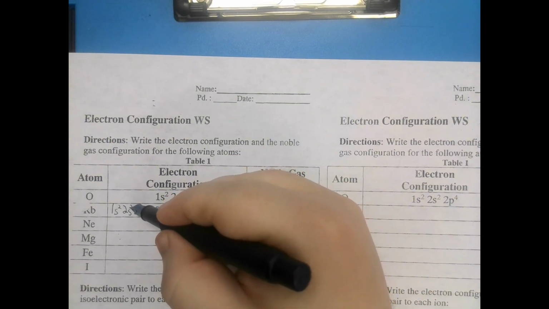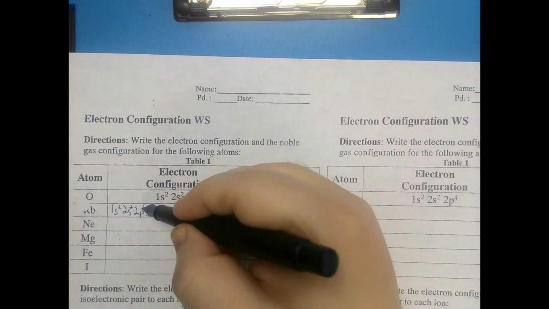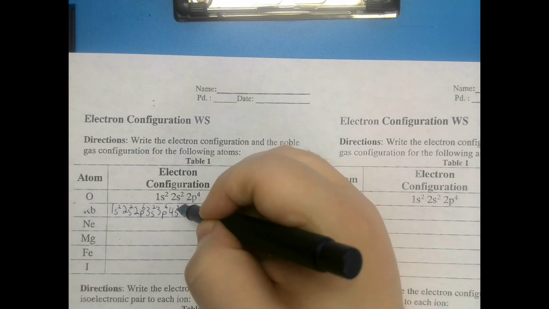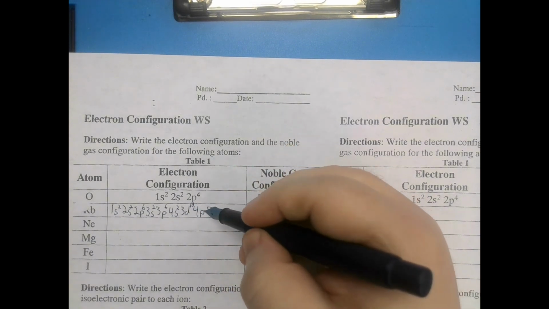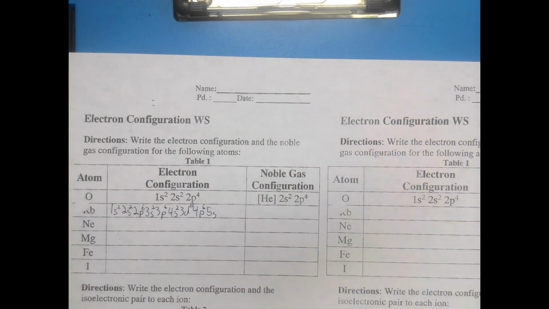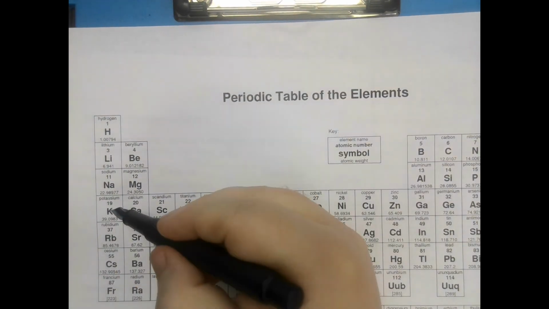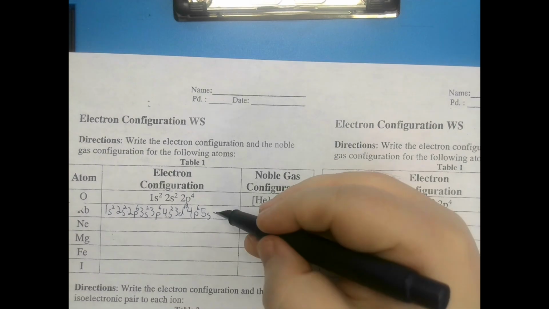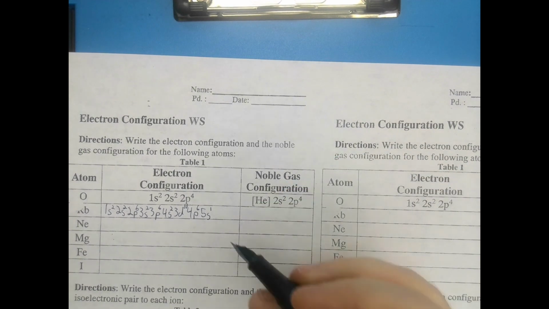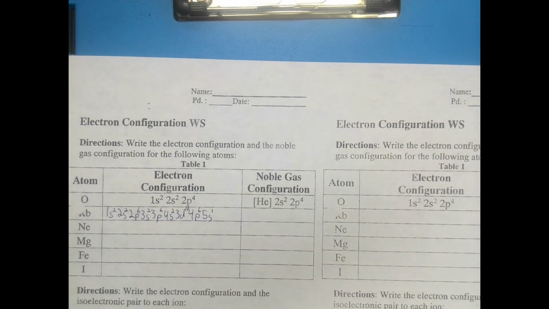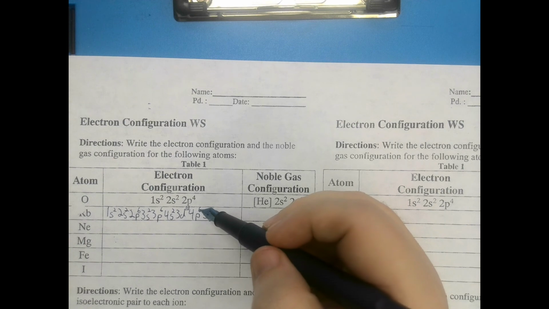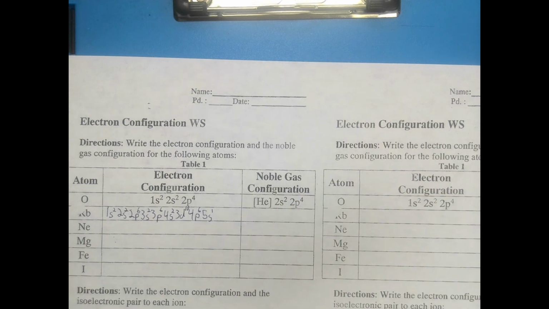So for S's, at most 2; for P's, 6; S2, P6, S2, D can have 10, P can have 6, and now look at its position. Position is the first one in the S block. I'll just put a 1 right here. Double check by adding these up, and you'll see that they equal 37. So up to 3d10 is 30. 30 plus 6 plus 1 is 37.